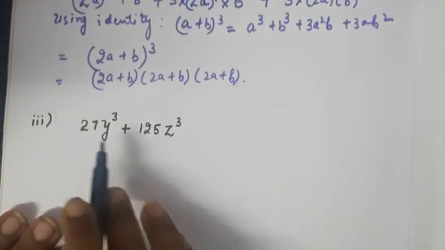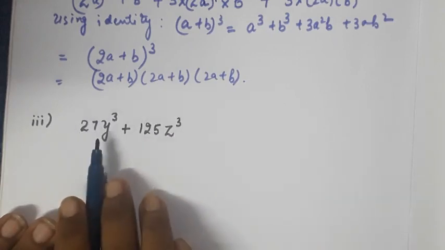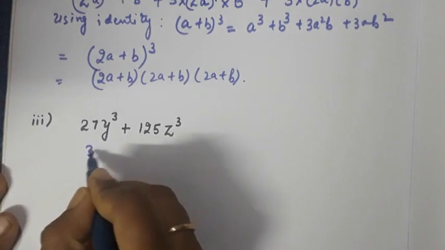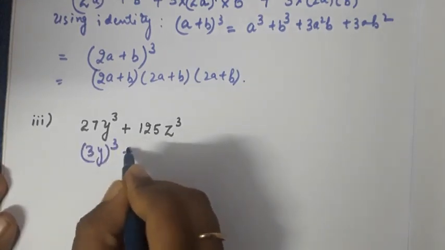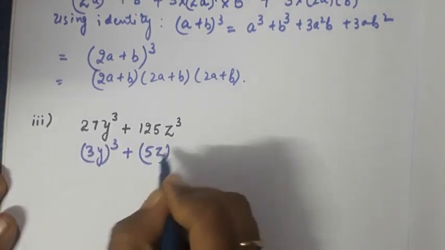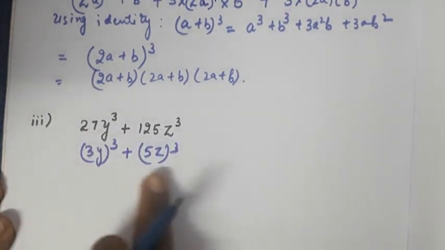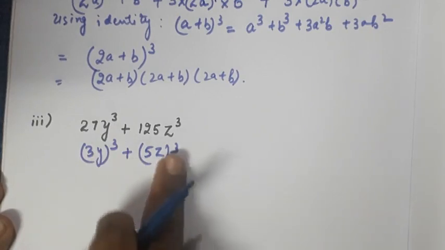If I write 27y cube as 3y whole cube plus 5z whole cube, because 5 cube is 125 and 3 cube is 27, so I could write these things as a cube plus b cube.